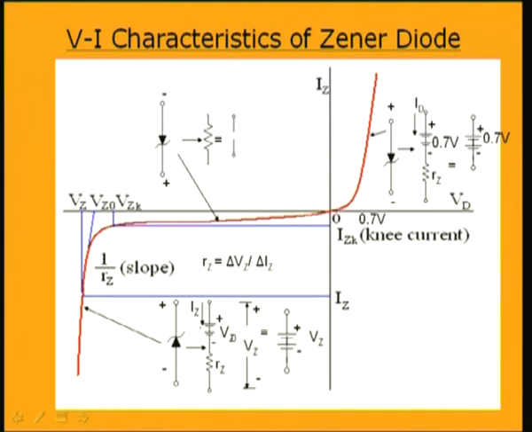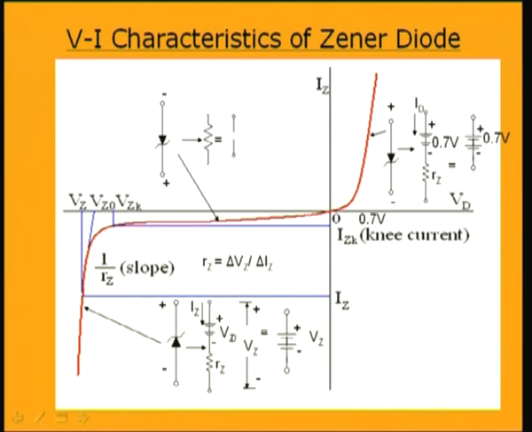So, Vz naught plus Iz Rz will give you the voltage across the Zener diode at that point of operation. We can now consider the Zener diode in reverse breakdown as having a voltage drop Vz naught and a resistance Rz.